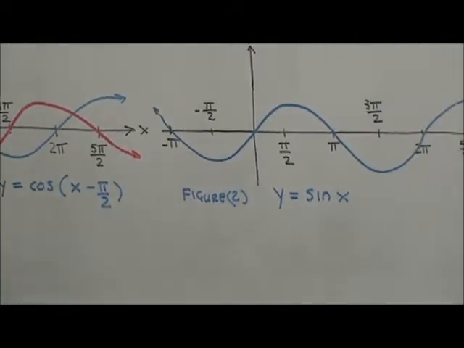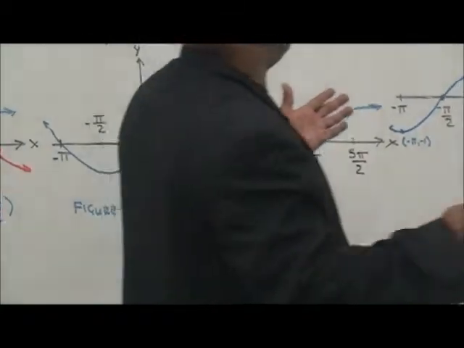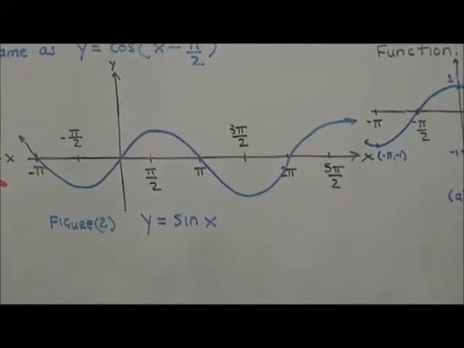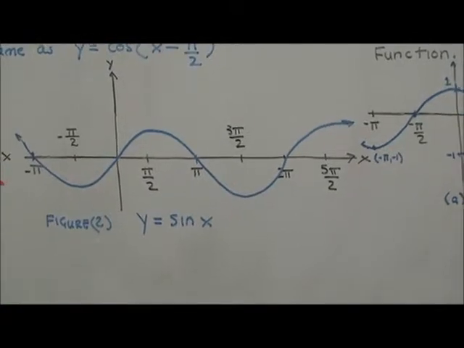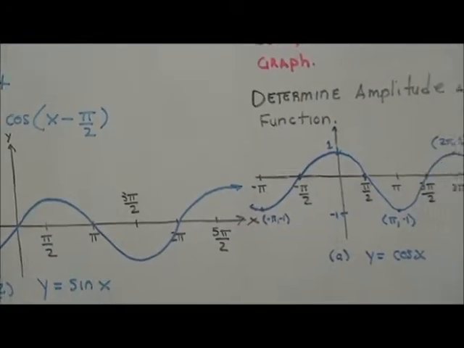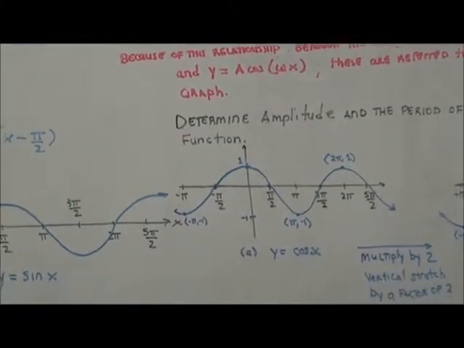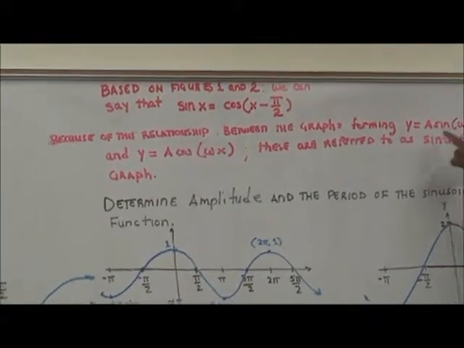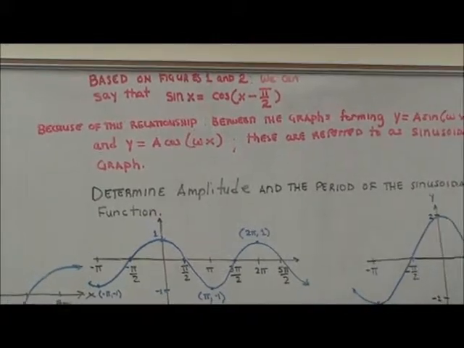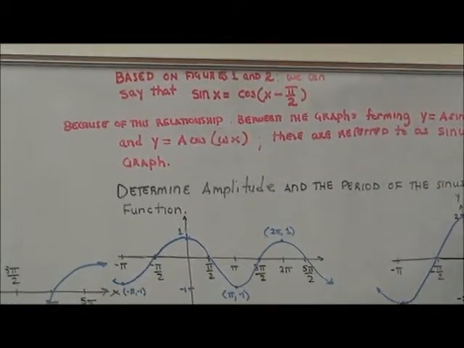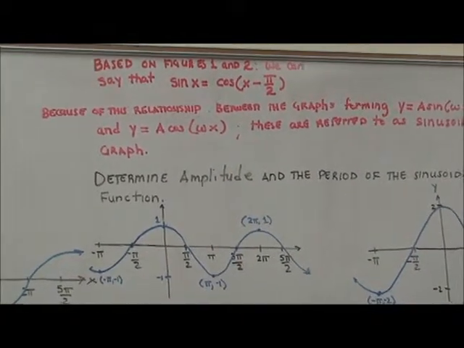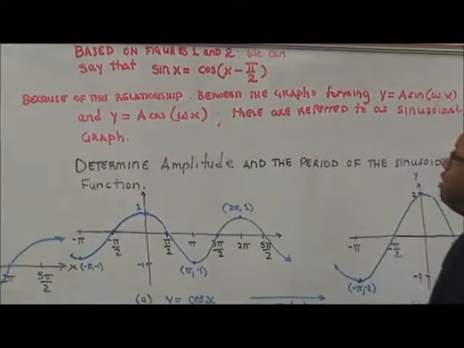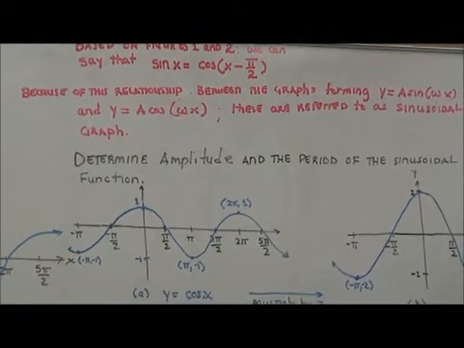Now, based on figures 1 and 2, we can say that sine x is equal to cosine of (x minus pi over 2). Because of this relationship between the graphs, we form y equals a times sine of omega x, and y equals a times cosine of omega x.